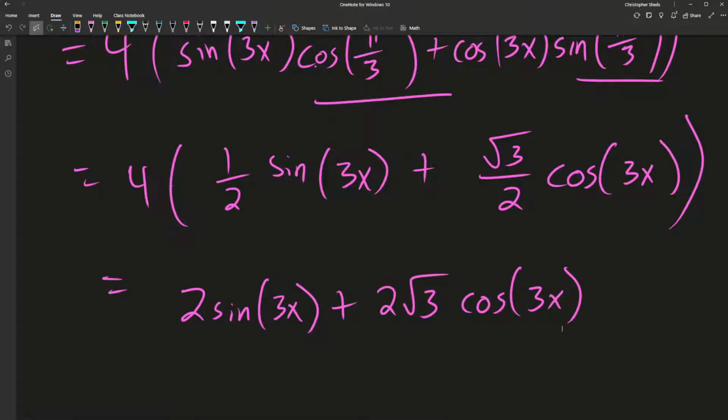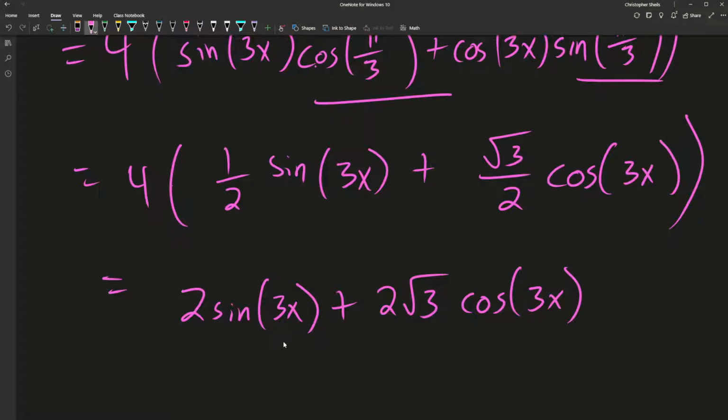So notice that the result here is a stretch of the sine function added to a different stretch of the cosine function. But both of these functions have the same horizontal compression. They both have the same horizontal compression by a factor of 1/3. And this results in these two functions having the same period.